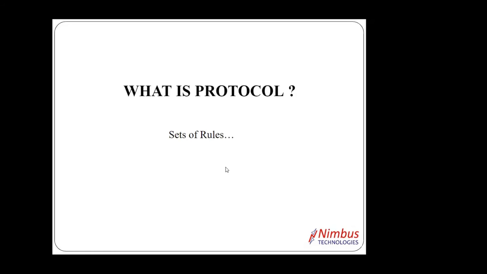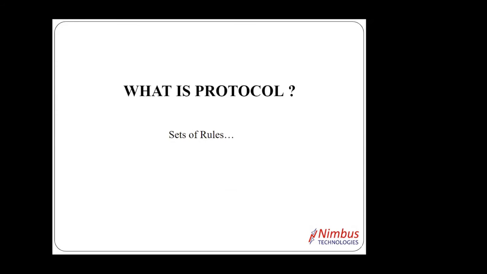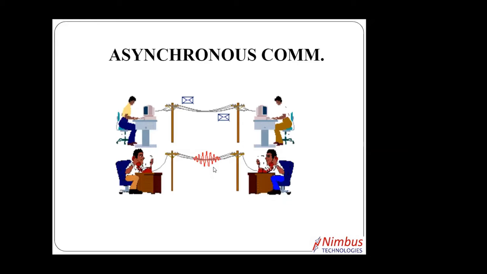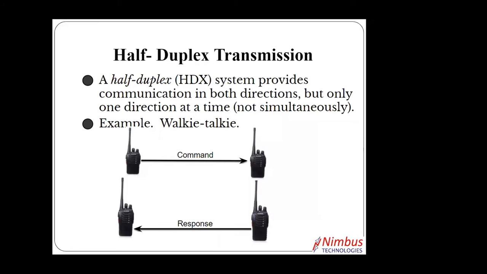Then EtherCAT, then Ethernet IP, and there are a number of protocols which are generally used for communication between the device and your central processing unit. There are two types of communication generally, synchronous and asynchronous communication. I will not discuss all these things because today I will focus more on SCADA.